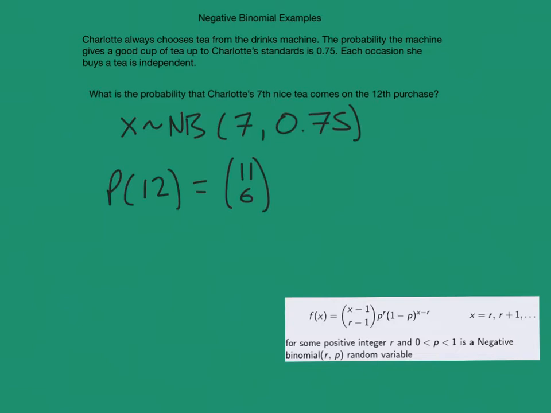We're going to multiply that by the probability of success, 0.75 to the power of 7, the number of successes, times 0.25 to the power of 5, which is the number of failures. Stick that in your calculator, 3 significant figures. Your answer should be 0.602, so a little over 6%. There we go.